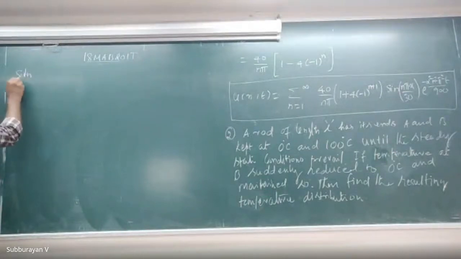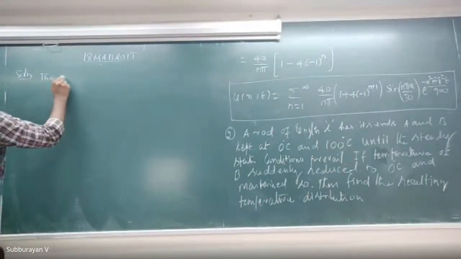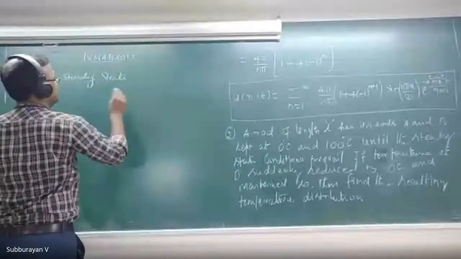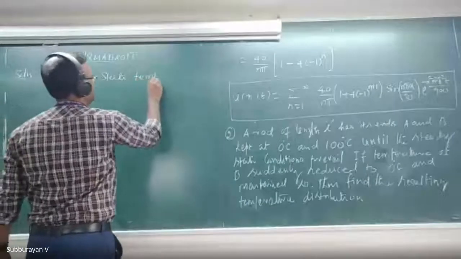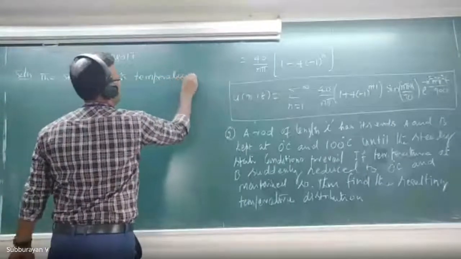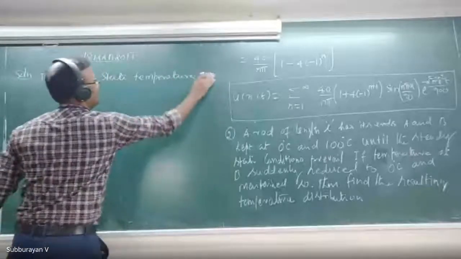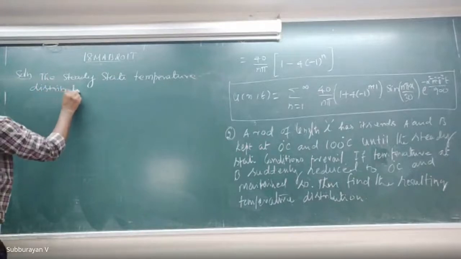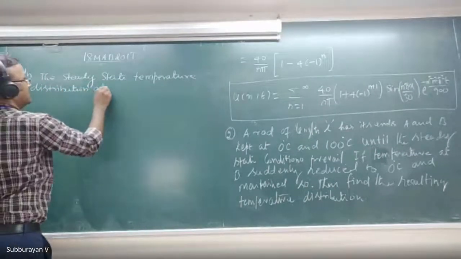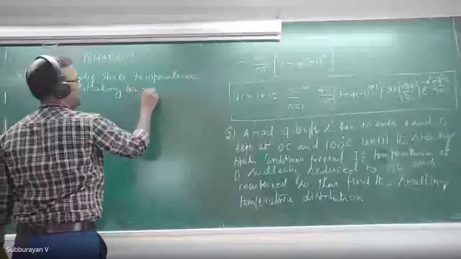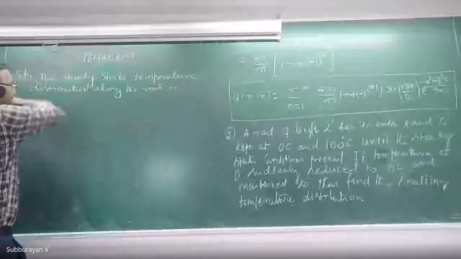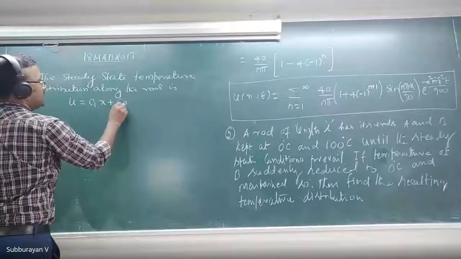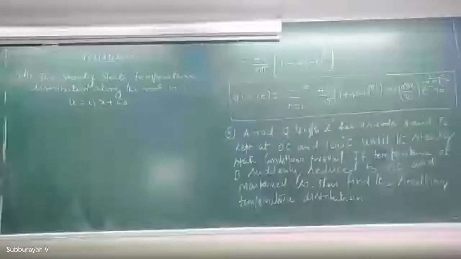the solution, the steady state temperature distribution along the rod is given by U equal to C1x plus C2.